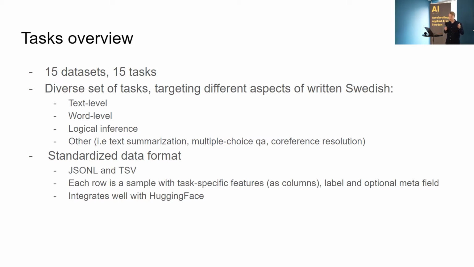And then we have the word level task where you have one word or pairs of words or multiple words which you want to predict something about. And then the third one, which could also be called text level, but it's a special kind of text level analysis, is logical inference, where you have two sentences and you want to deduce the logical relationship between the sentences.